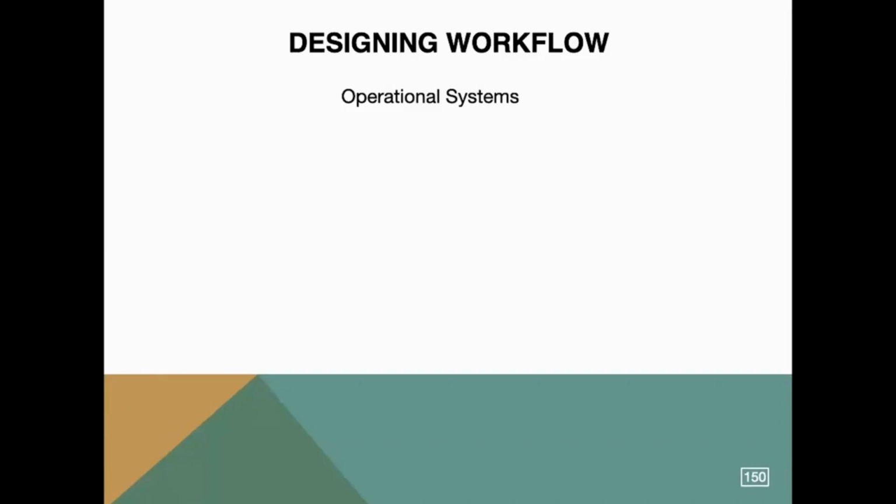The second step, once we've done that, is within each operational system to identify what are the processes that take place within the operational systems. So if the operational system is accounting, examples of a process might be accounts payable, accounts receivable, making deposits.